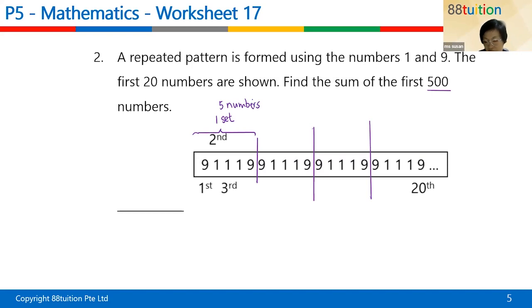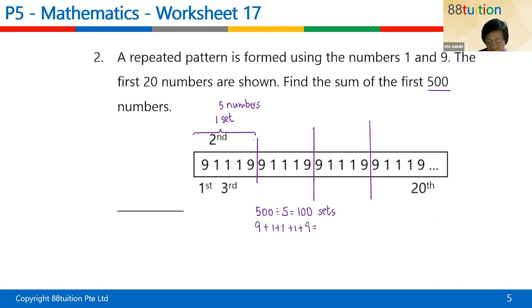And then how many sets of 5 numbers will there be? So I have 500 divided by 5. So I have 100 sets. And one set adds up with 9 plus 1, 1, 1, 9.